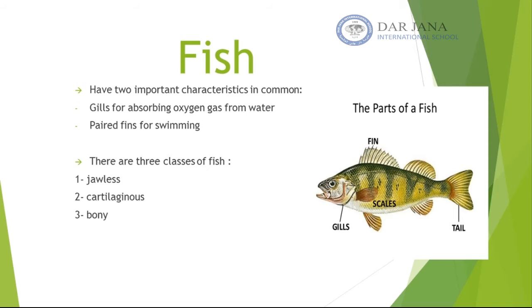Next, we can start talking about the different groups. We said we have 5 major groups. The first group is fish. When I say fish, I don't think that any of you have a problem in identifying a fish. Fish have 2 important characteristics in common: they have gills, and they have paired fins needed for swimming.